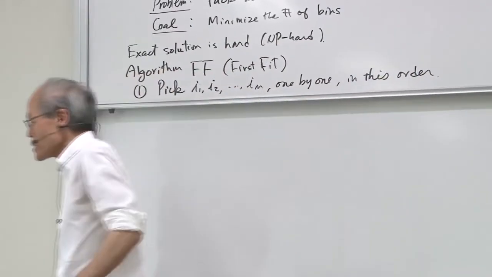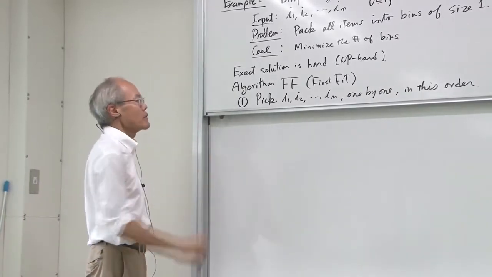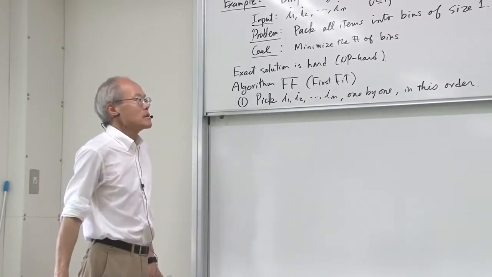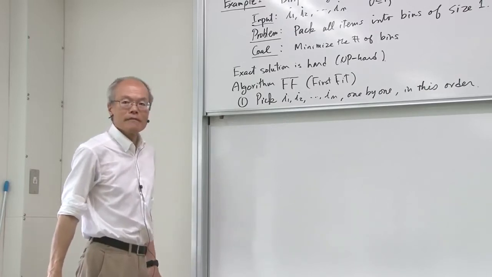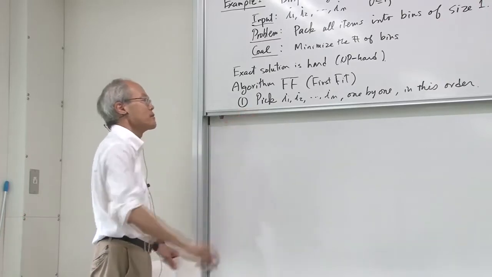Step one: we look at items I1 through IN, one by one, in the given order. We don't care about the order, just the given order.